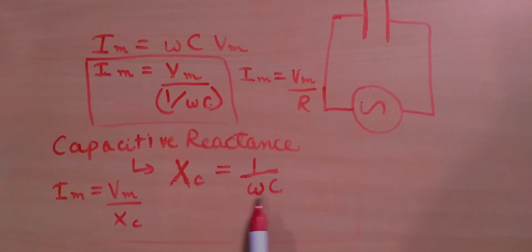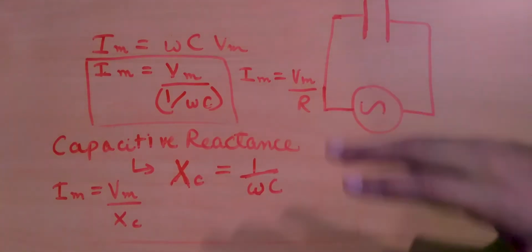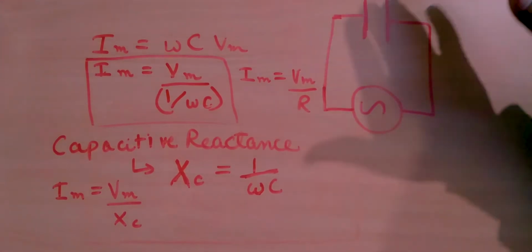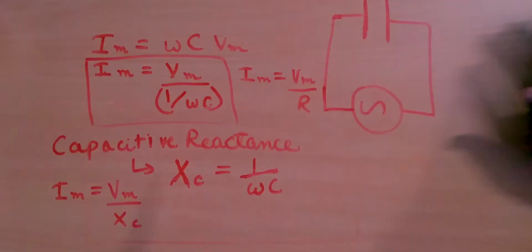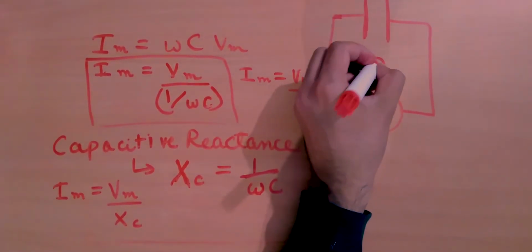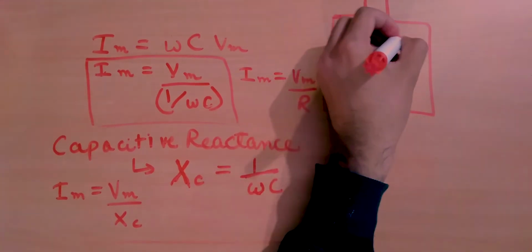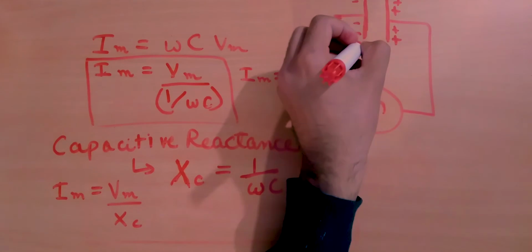Now coming to the second term here, omega, that simply means how quickly the current is changing its direction. If it is changing direction very quickly, the charge will not get enough time to get stored on the capacitor. So let's say the current is flowing in this direction first of all, so you'll get some positive charge accumulated here, and some negative charge accumulated here.